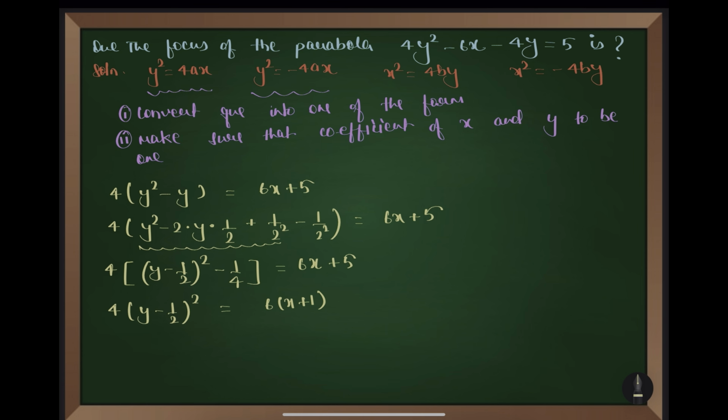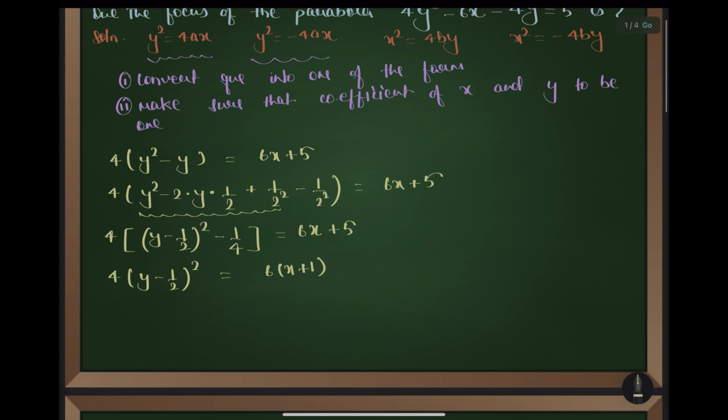Correct? Now look at this. We don't want anything over here as a coefficient, so I'll send 4 to that side. So y minus 1 by 2 whole square is equal to 6 by 4 times x plus 1. Now can I assume this thing as capital Y?